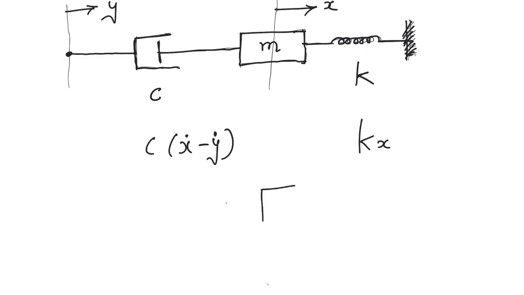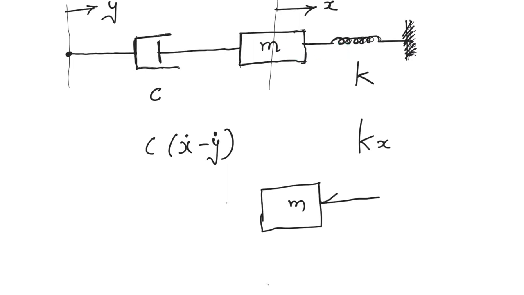Now go ahead and draw the free body diagram. So this is my little m over here. I'm not worried about the forces acting in the y direction, so I will leave it as such. Now as the body tries to move in this direction, which is the positive direction of x, this spring force will try to resist it in this direction.